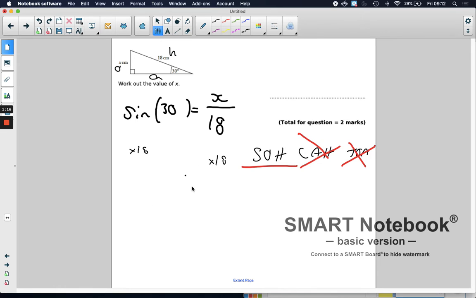Okay, so x is 18 times by sine 30. So x equals 9 centimetres. Okay, 9 centimetres. For that question, that's 2 marks.